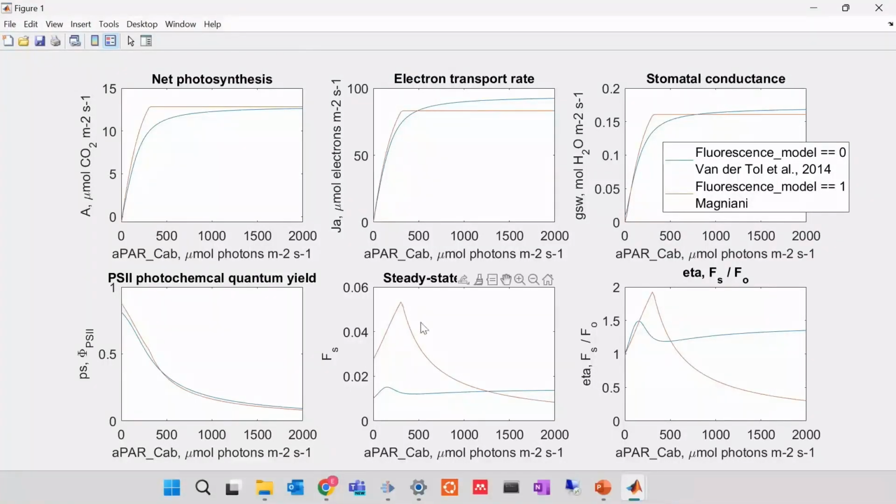But the steady-state fluorescence, so the Fs, as well as the eta, so steady-state fluorescence normalized by the dark-adapted fluorescence, they exhibit a different pattern. The sigmoid curve for the Van der Waals model, and also kind of a sigmoid curve in the Magnani model. This is a response of fluorescence and other parameters to light.